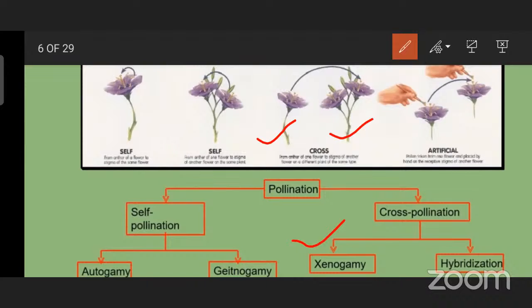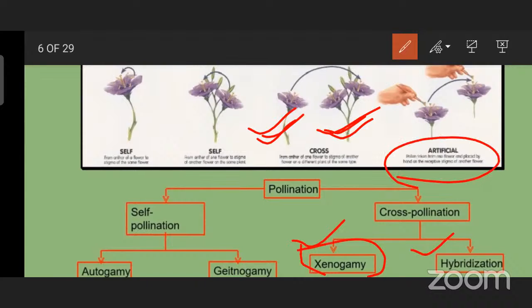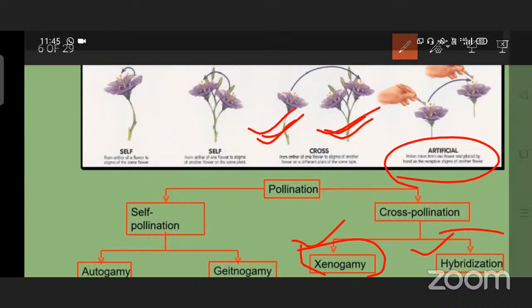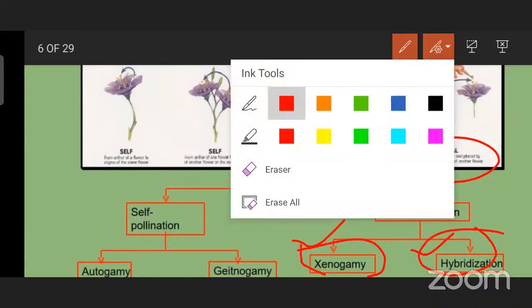And the second one, hybridization. When cross-pollination takes place between two plants of different species or different genera, it is called hybridization.